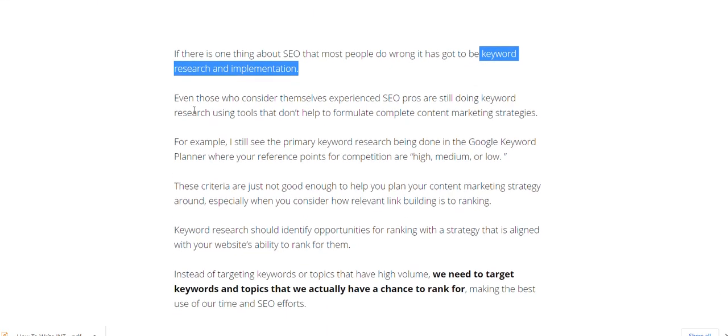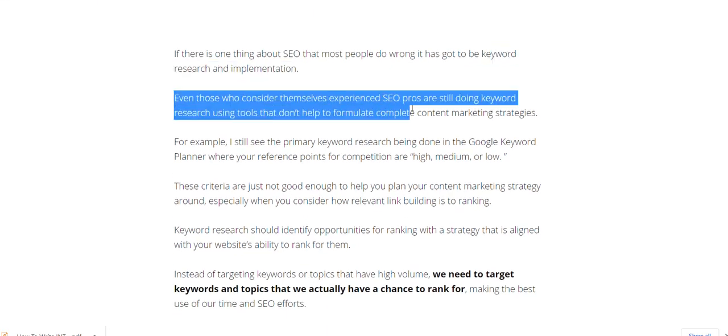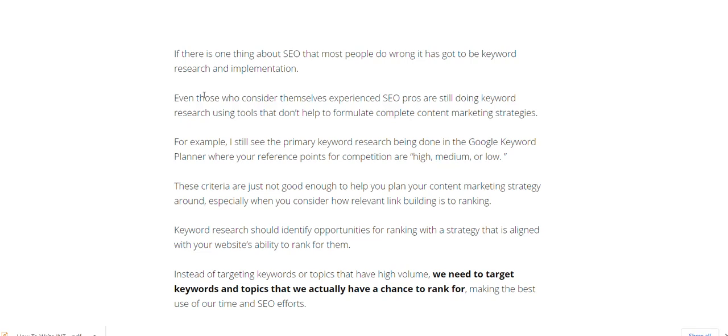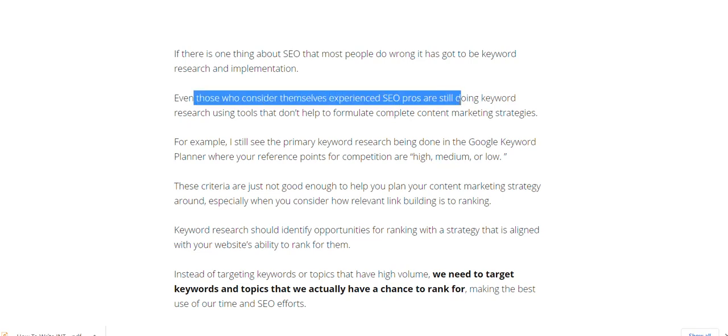You then highlight the fact that this is a crucial problem, because even those who consider themselves professionals still find this challenging.